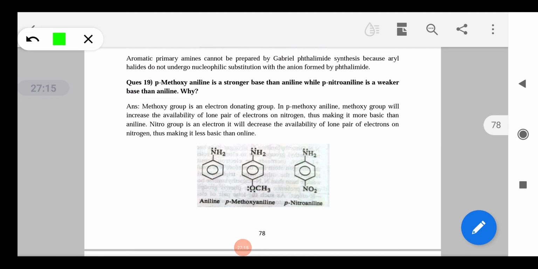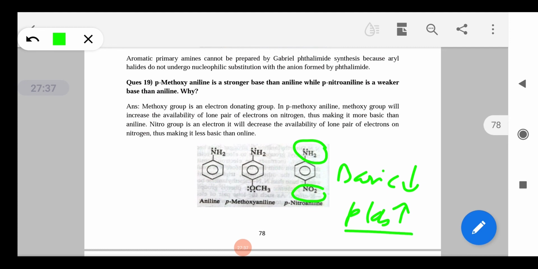Remember this thumb rule: whenever there is an electron withdrawing group like nitro group, electron density on the NH2 group will decrease, so the basic character will decrease. And when basic strength decreases, the pKb value increases, because basic strength is inversely proportional to the pKb value.